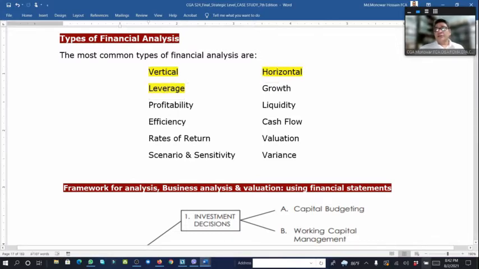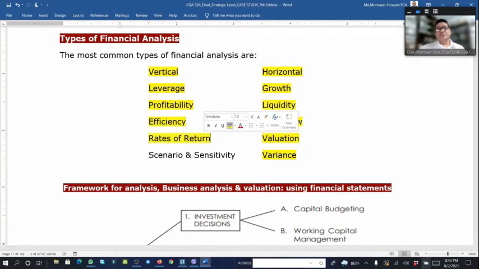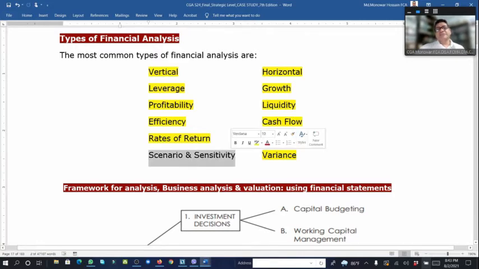That leverage can be operating leverage or financial leverage, and growth model, growth analysis, sometimes liquidity analysis, cash flow analysis, valuation of our company, variance analysis, profitability analysis, efficiency analysis, rate of return calculation of the project, scenario or sensitivity analysis. That type of analysis we should understand for our case study.